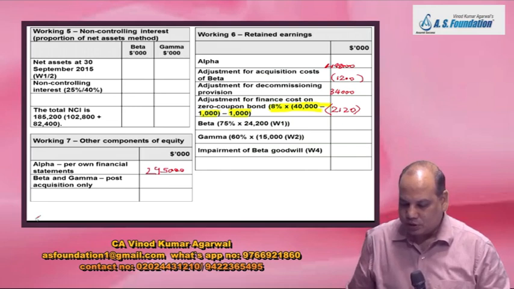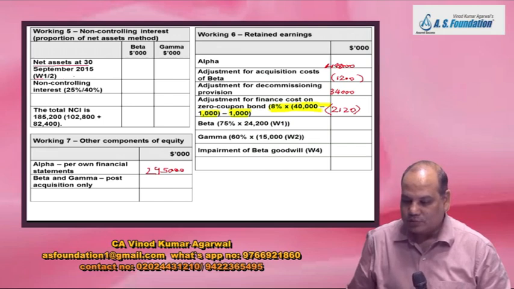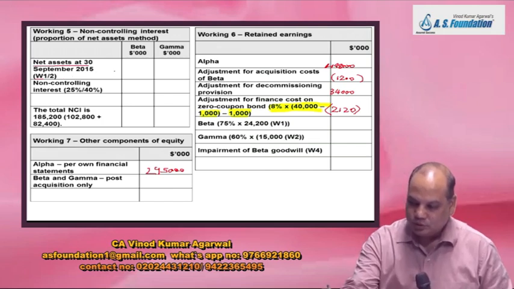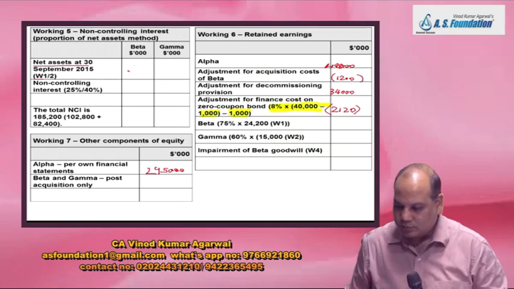What is the closing net asset on 30th September 2015? Working note 1. Closing, second column. 411,200. This is a shortcut because their share is proportionate share in the net asset.